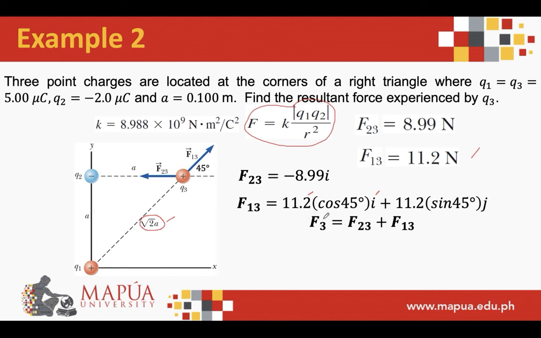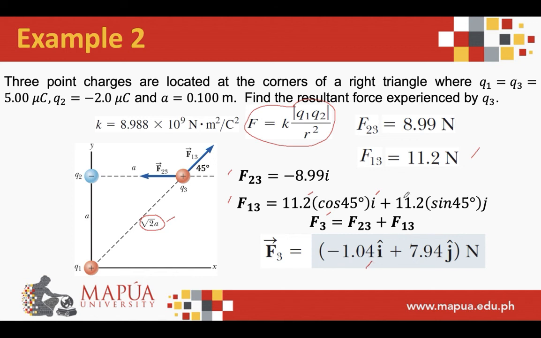And then the resultant vector, let's say F3, is the sum of F23 and F13. So for the x component, that is negative 8.99i for F23, plus 11.2 cosine 45 degrees, that will give you 1.04.